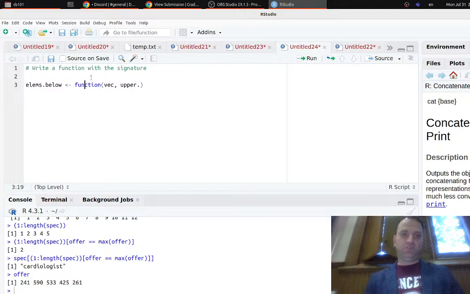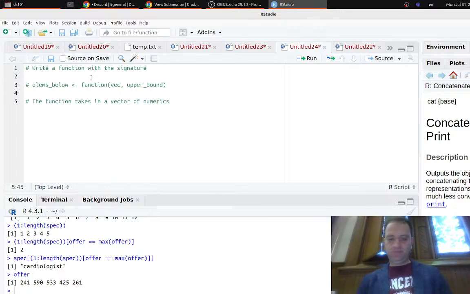I guess I'm doing it with underscores now. The function takes in a vector of numerics, which just means a vector of numbers.